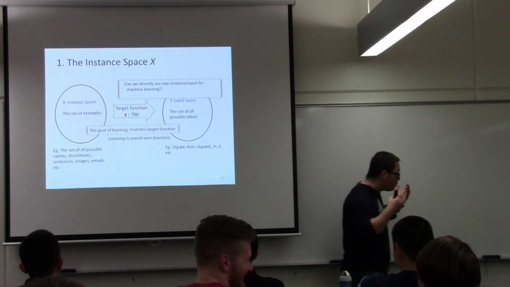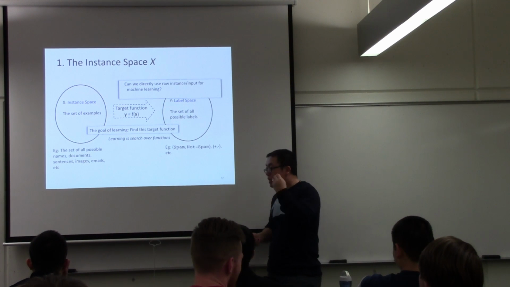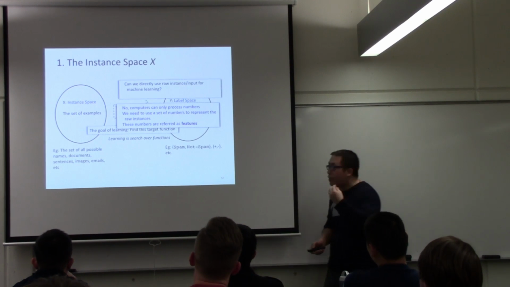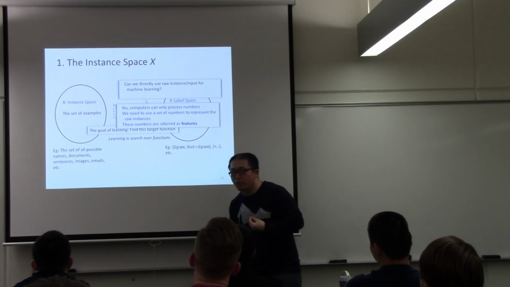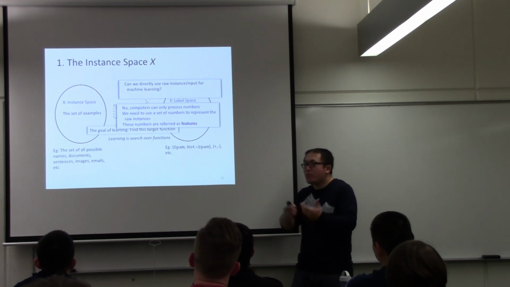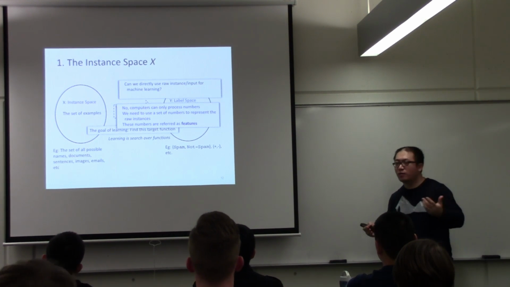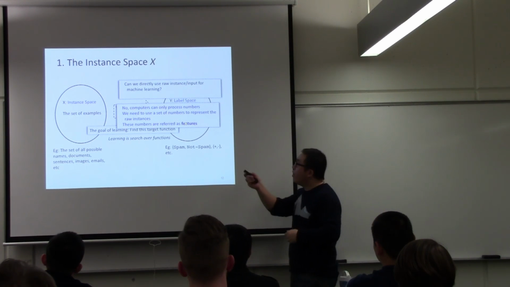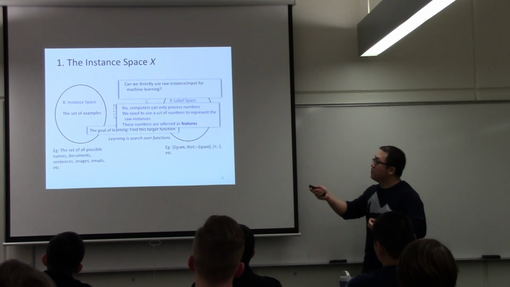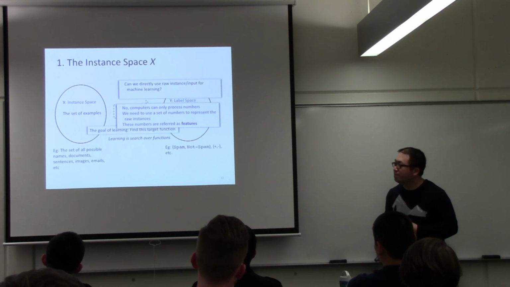They can only process numbers. So in our practical task, we must work out a set of numbers to represent our original instance, except when our original instance is already numbers. We call this set of numbers which represent our raw instance features. This is how features are defined.